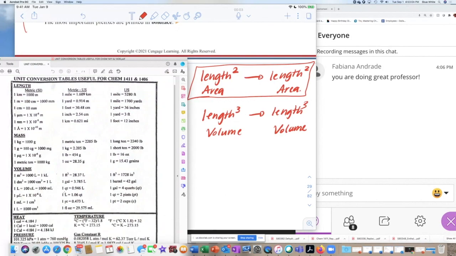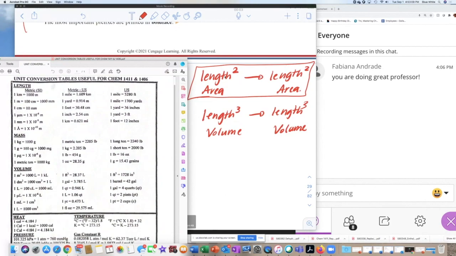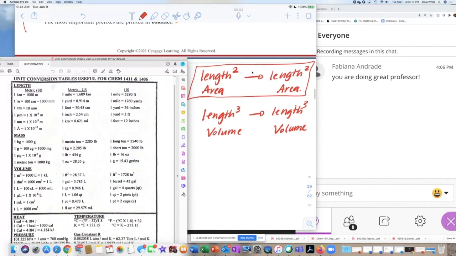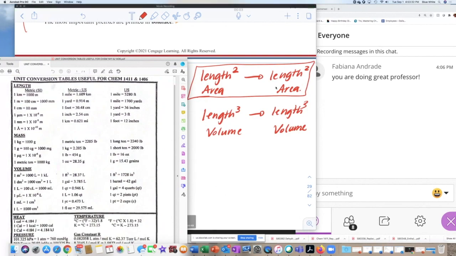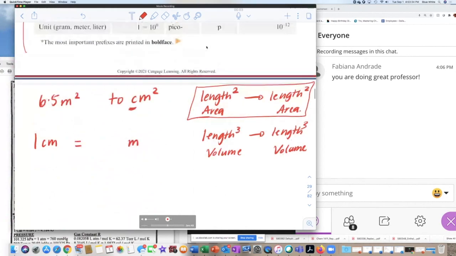So what do I do? Essentially what's shown here: get the length conversion and then just square it. Okay, that's what they're saying here. So it's not that simple. What I need to do is, since I have a metric prefix here, write an equality for the metric prefix. I'm going to write it on the bottom. 1 centimeter is equal to some number of meters.